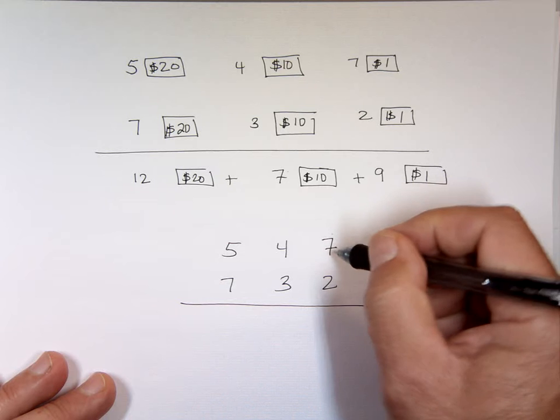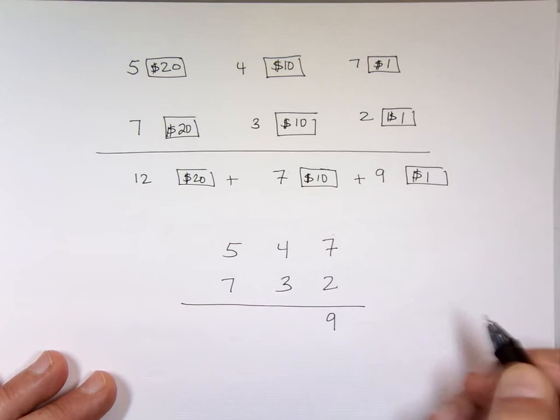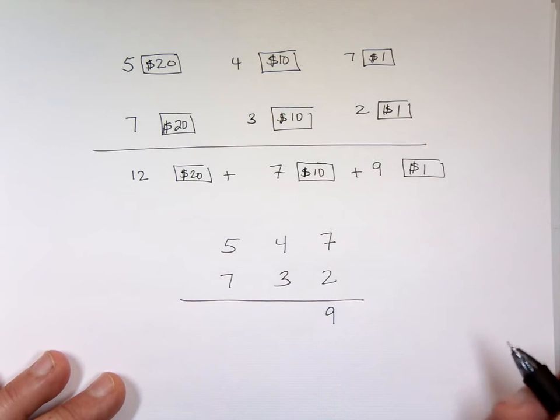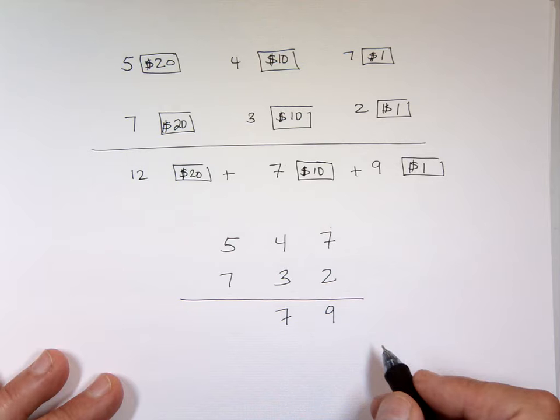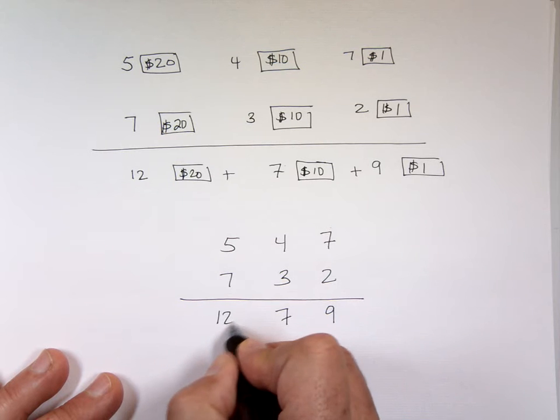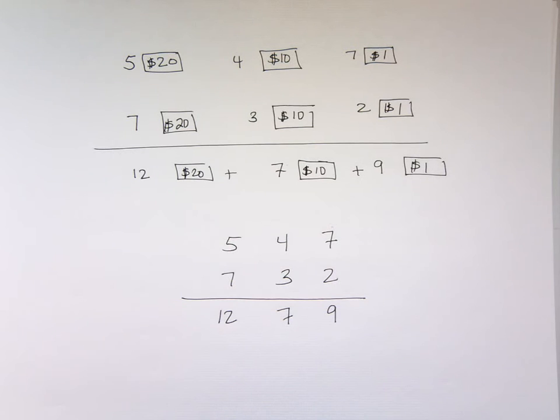You start from here. 7 and 2, which is 9. 4 and 3 is 7. 5 and 7 is 12. That's the 12. There's the 7. There's the 9. So the key to adding, always line the numbers up from the right side. Start with the 1s, then the 10s, then the 100s.